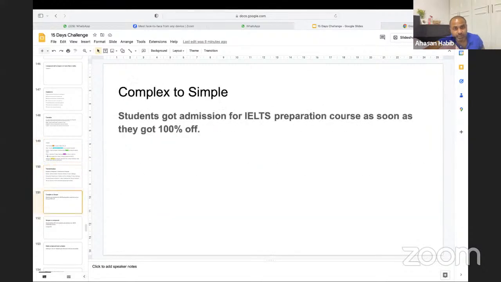Okay, now we gonna move a bit faster. Okay, so students got admission for IELTS preparation course as soon as they got 100% off. That means free, right? What kind of sentence is this? Type in the chat box.